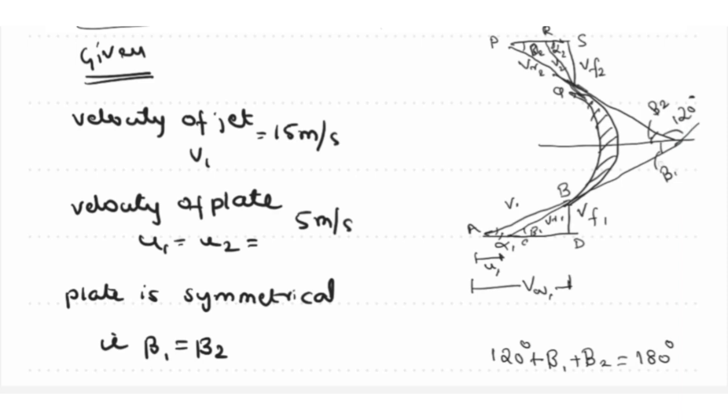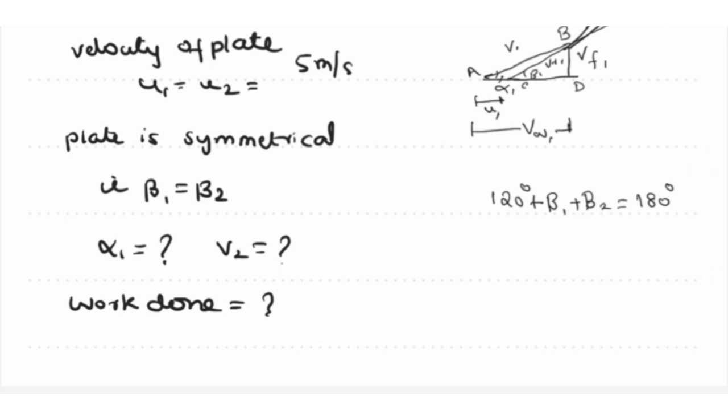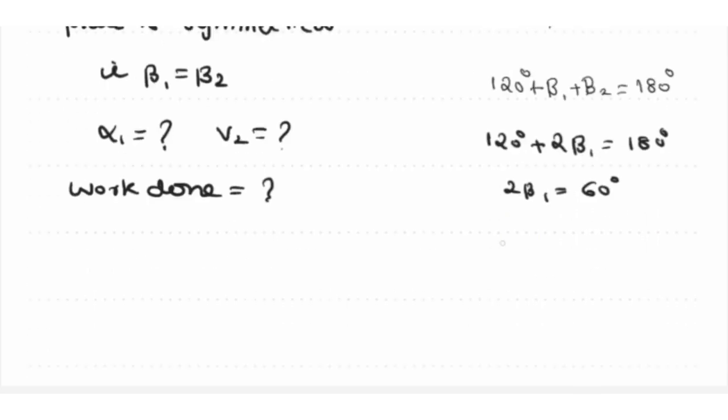So 120 plus 2 beta 1 is equal to 180 degree. 2 beta 1 is equal to 180 minus 120, which is 60 degree. Therefore beta 1 is equal to beta 2 is equal to 30 degree.